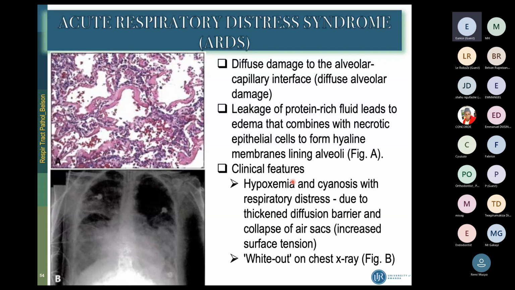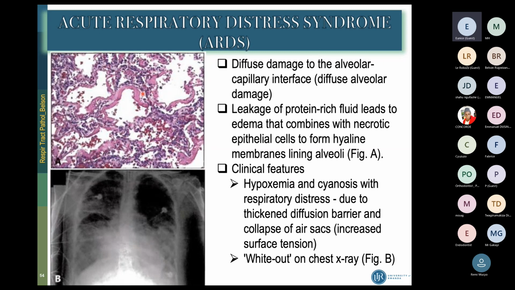So ariko izi ndwara zidatewe na COVID zari zisanzweho, turazibona mu bana bakivuka, cyane abana bavutse batujije igihe, preterm cyangwa se premature children, badashobora gukora surfactant ngo yagure alveoli, ahubwo zikaba flattened, akenshi hazamo izi membranes.